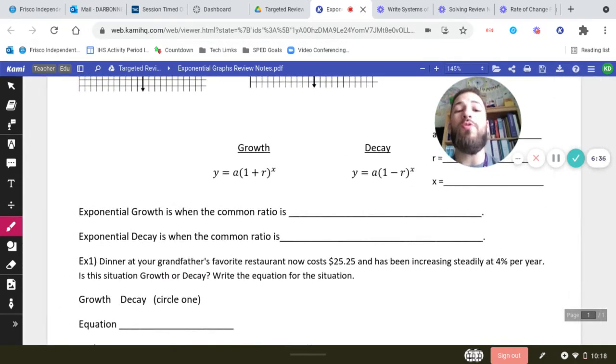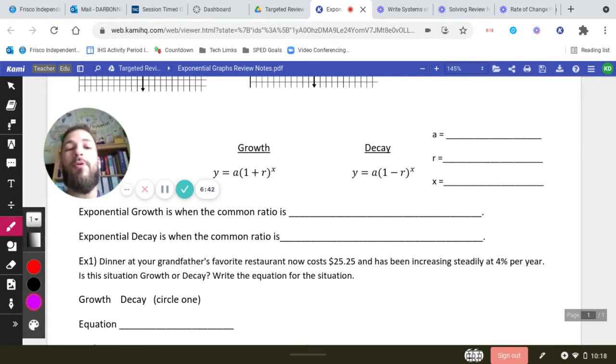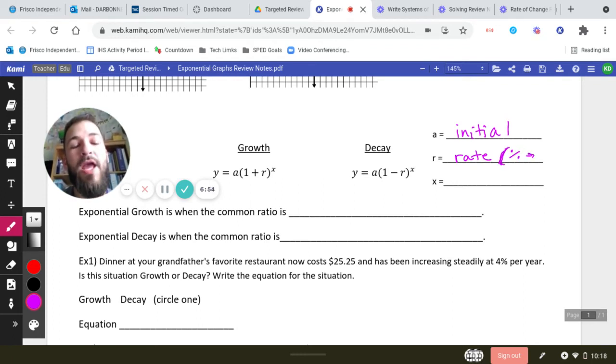We also have exponential growth and decay, which is the same base function, except instead of b, we have that r there in the middle. So just as a reminder, a is still our initial. R is what we call rate, and they give it to us as a percentage. And we have to convert it into a decimal by dividing by 100.